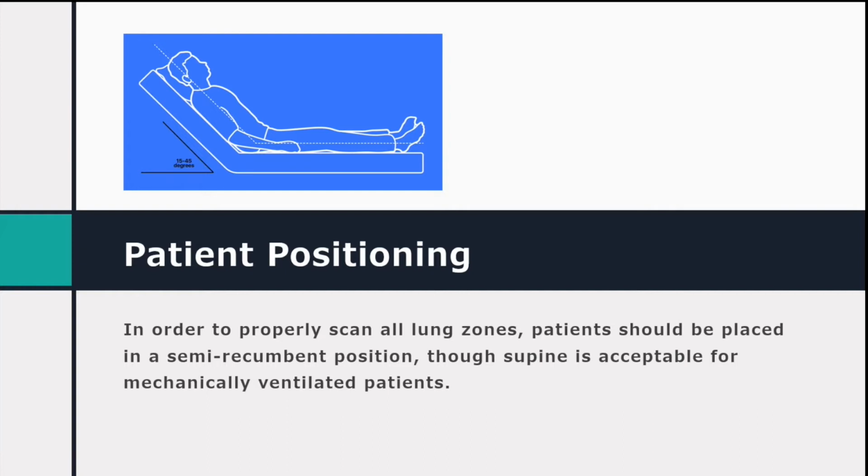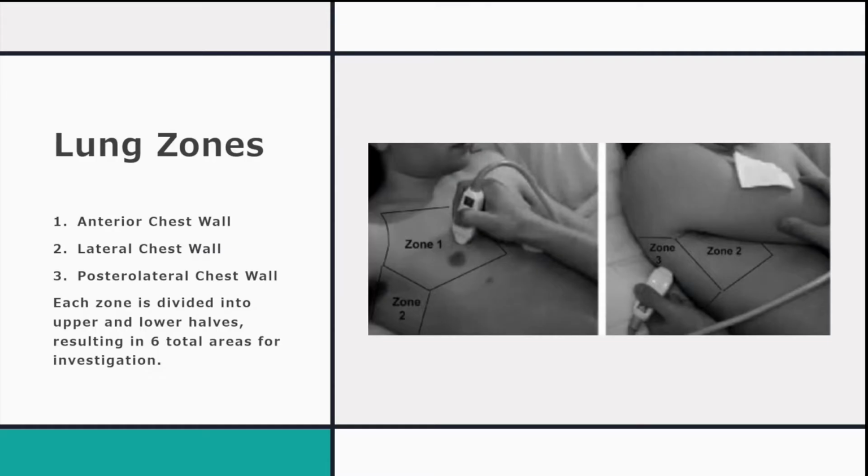This will help you with things like the PLAPS point when you are looking for things like pleural effusion, because gravity is your friend in those situations. Of course, if your patient is mechanically ventilated or has some other musculoskeletal defects that prevent them from going in this position, having the patient supine is perfectly acceptable.